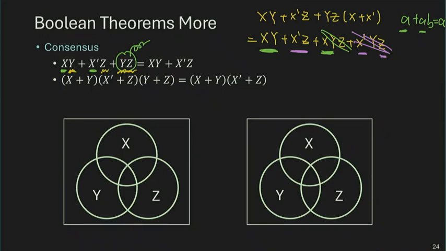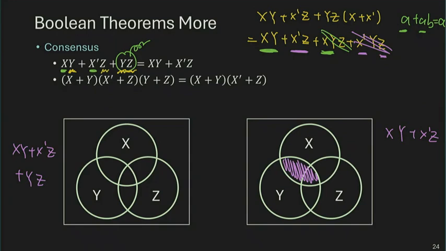You can also look at it in terms of the Venn diagram. Again, I'm going to show it over here at the bottom. I will show xy plus x prime z plus yz on one side, xy plus x prime z on the other side. So xy is their intersection.